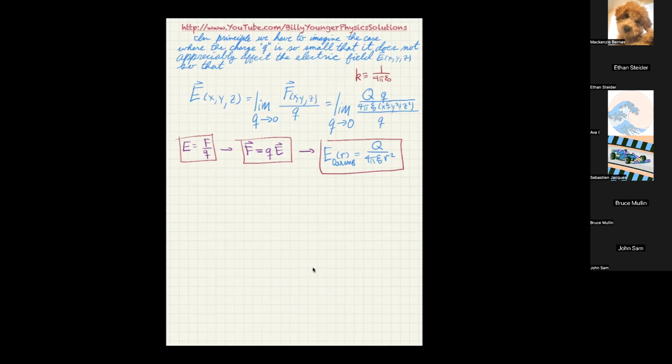Notice it's just a scalar field, okay? I didn't actually put the vector stuff in there because it turns out it's really easy to deal with the scalar field. Then you just have to remember that the force actually acts along a line connecting the center of charge of the big Q to the center of charge of the little q. So those are our big formulas.